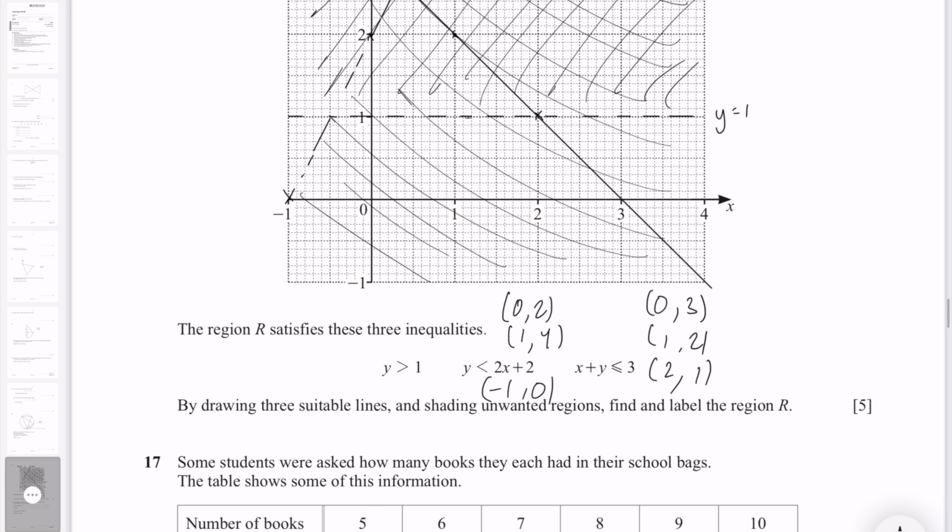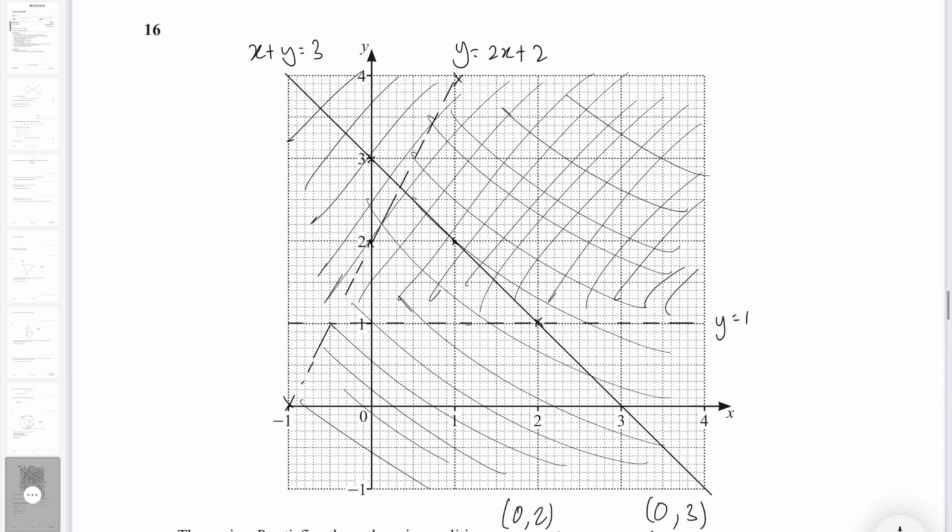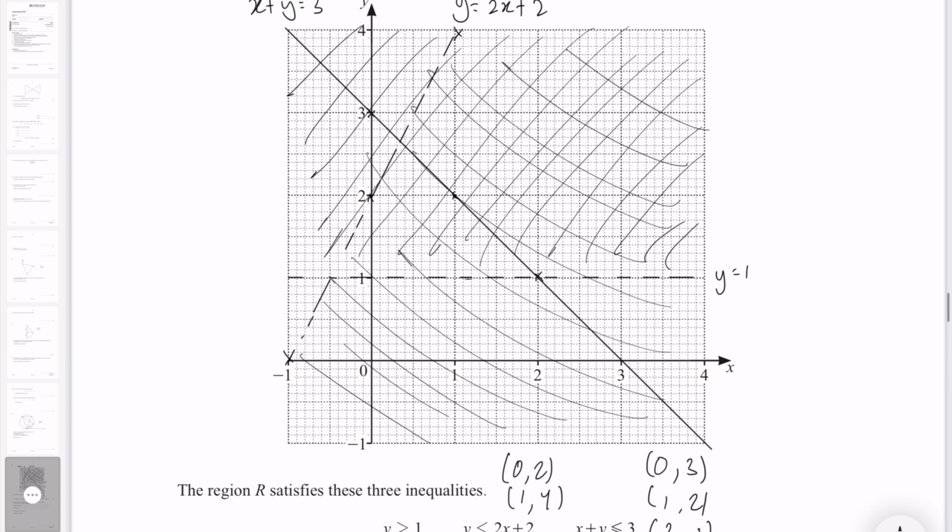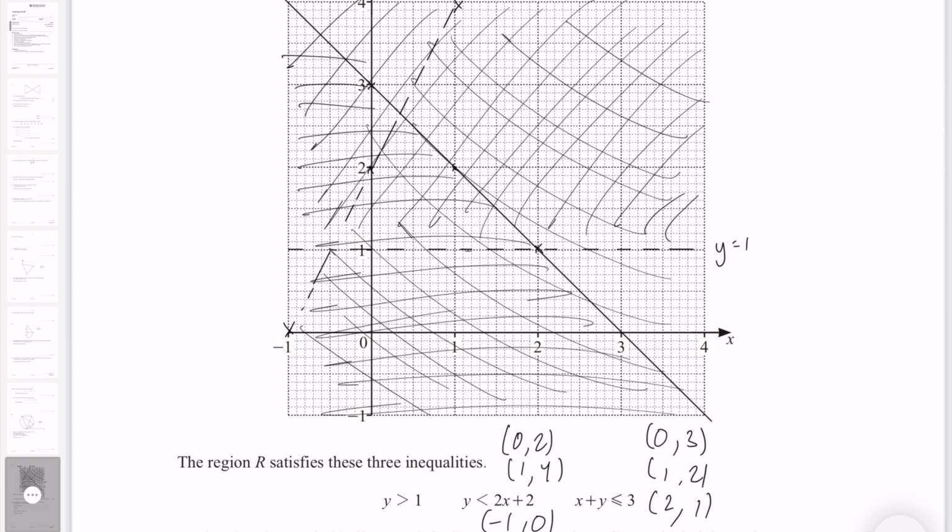And I want y less than that. So again, another less than. So I'm in here. Okay, so I think the intersecting region is inside this area.